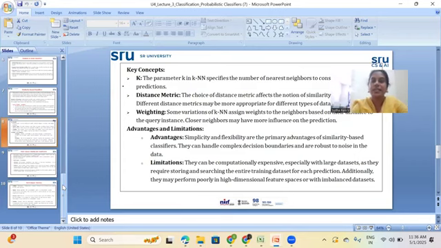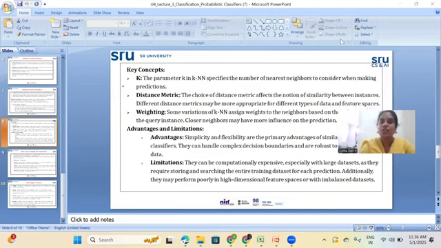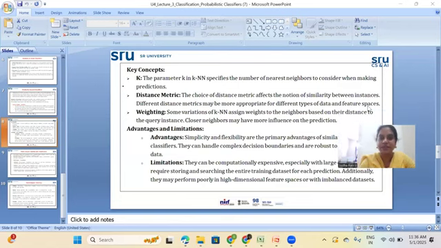The parameter K in the KNN algorithm specifies the number of nearest neighbors to consider when making predictions. Distance metric: the choice of distance metric affects the notion of similarity between instances.